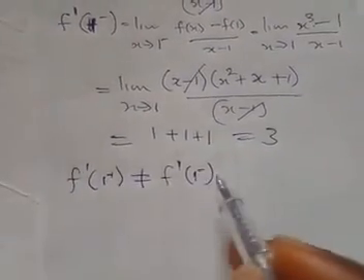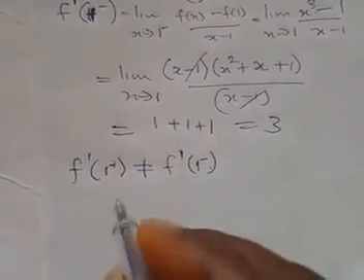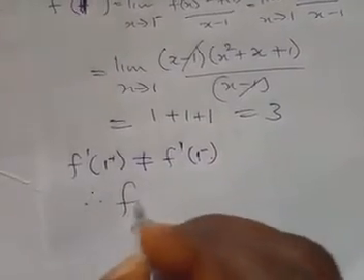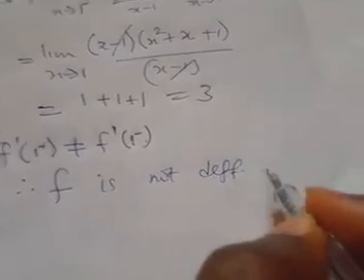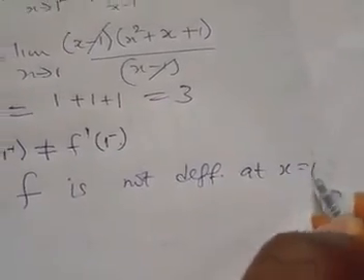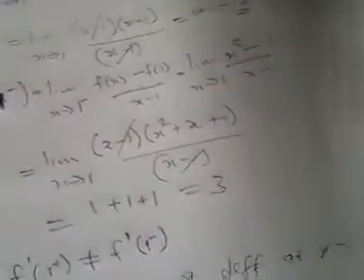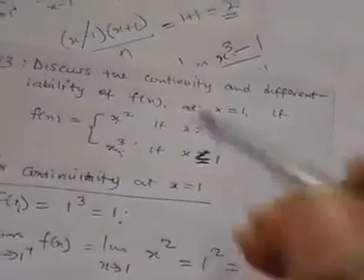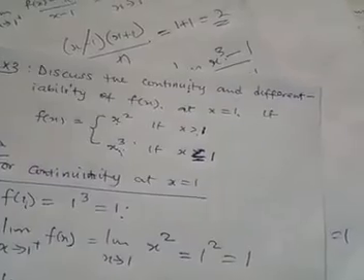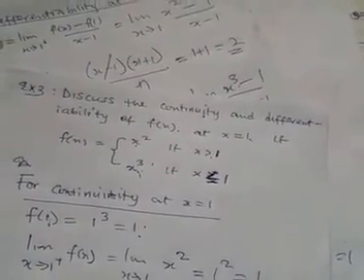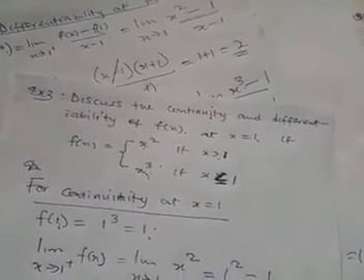So you now see that the right-hand derivative is not equal to the left-hand derivative. Therefore, we can conclude that f is not differentiable at s = 1. So here we have produced a function that is continuous but not differentiable, which really shows us that the converse of the theorem we proved earlier is not true.